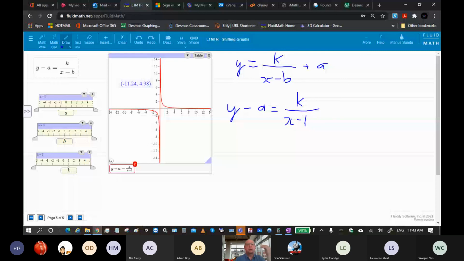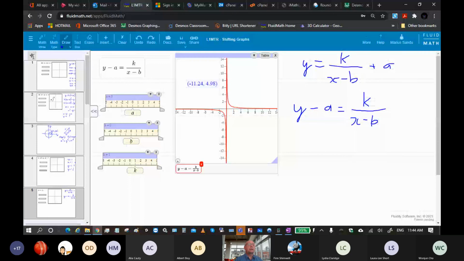So now that we know all this, let's try and graph those. First of all, let's try and graph the circle. I want to graph the circle.